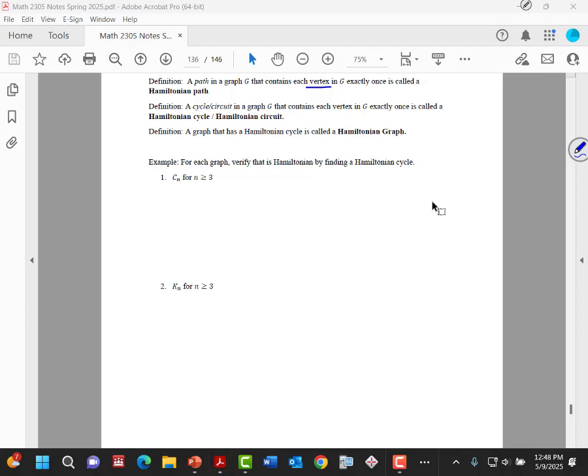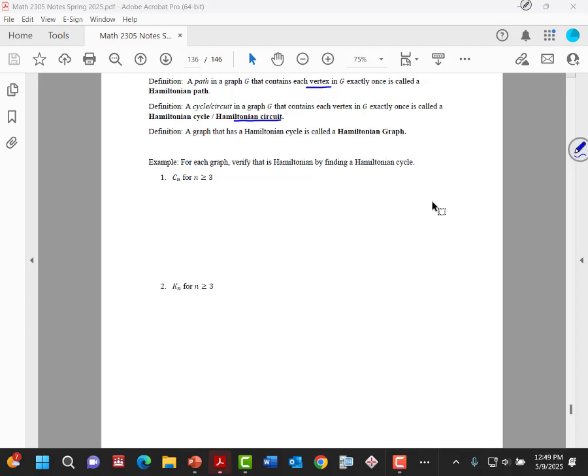A cycle or circuit in a graph that contains each vertex in G exactly once is called a Hamiltonian cycle or Hamiltonian circuit. A graph that has a Hamiltonian cycle is called a Hamiltonian graph.